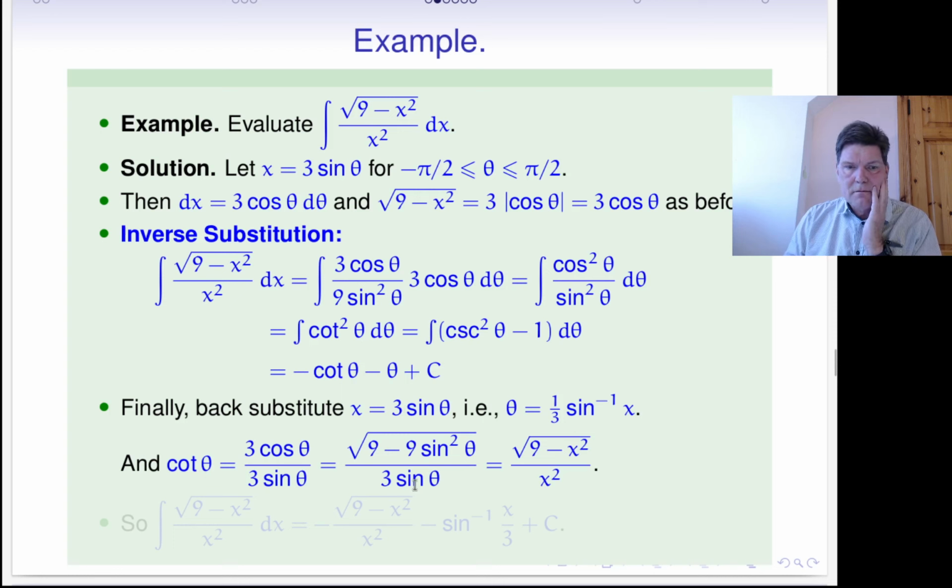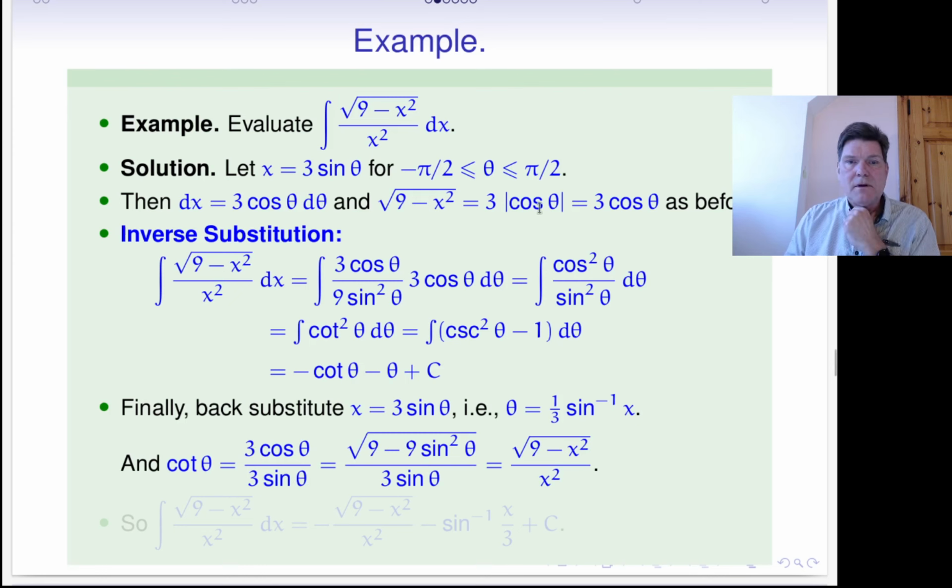We're somehow working this backwards. The cotan of theta, of course, is cosine theta divided by sine theta. Since here we want 3 sine theta, we'll divide 3 cosine theta by 3 sine theta.